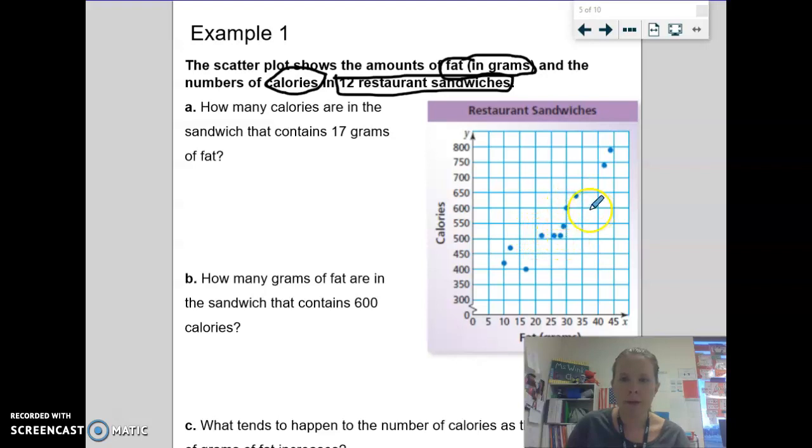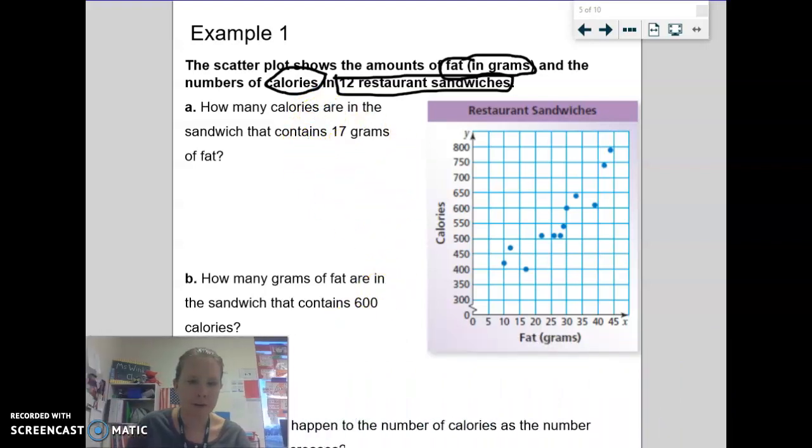1 for each sandwich. So they're comparing the amount of fat in that sandwich as well as the amount of calories that's in the sandwich. So we have a few different kinds of questions here to go through, but let's talk about this graph here first so you can understand it. The big important thing about your scatter plots is that everything needs to be labeled, okay? You're going to notice that there is a label for the graph.